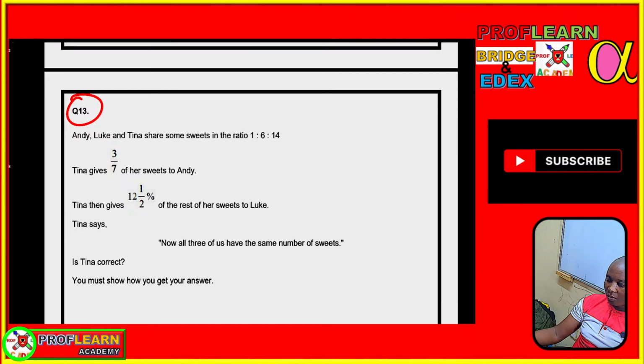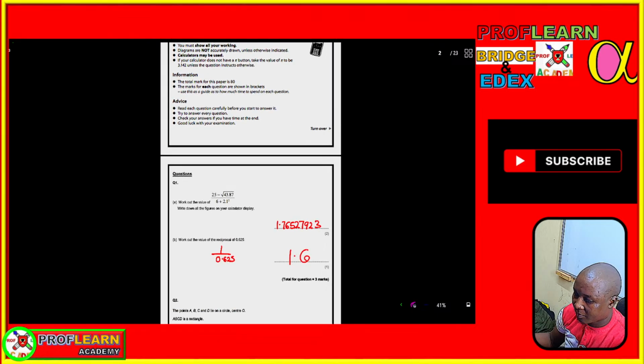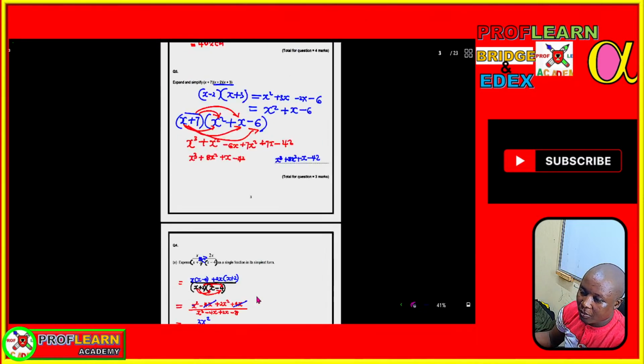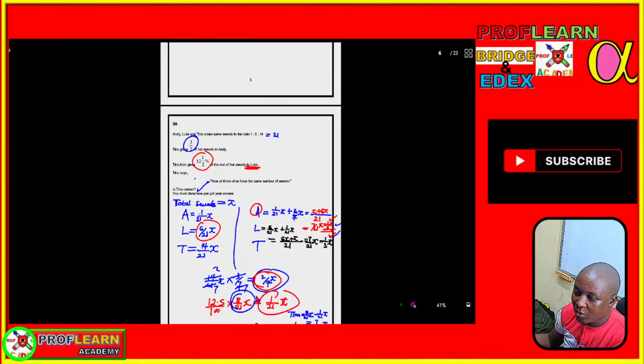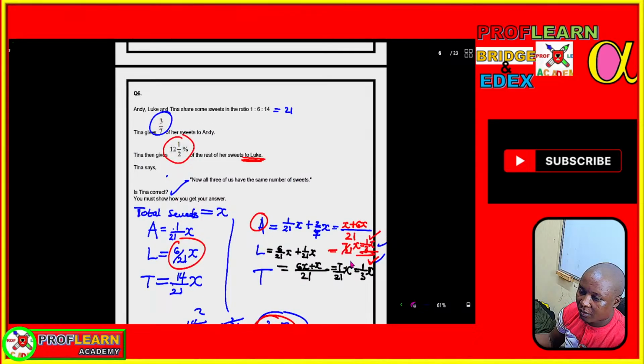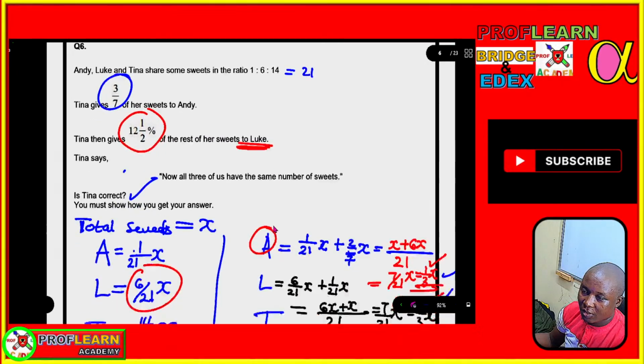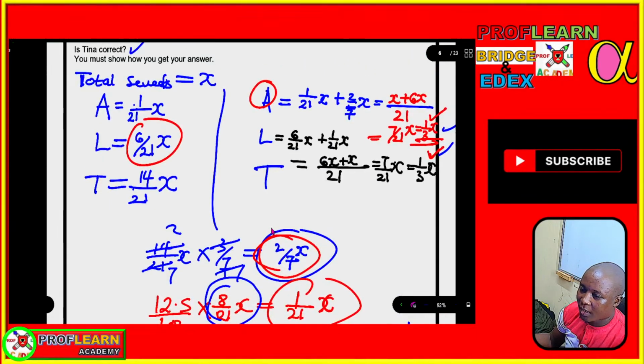This is the part where we worked out that question. Let me show you in the higher paper. We worked out that question of ratios here. This is the solution for that particular question. So that is how we worked it out.